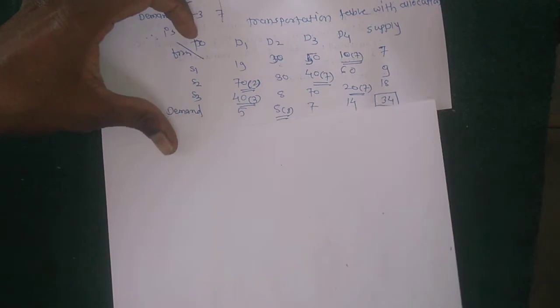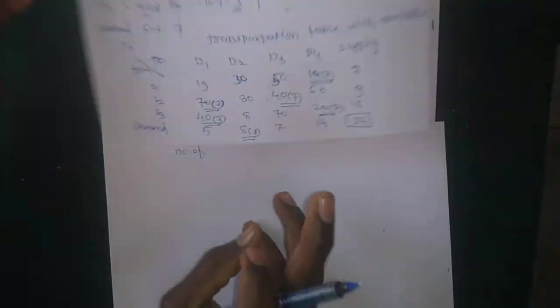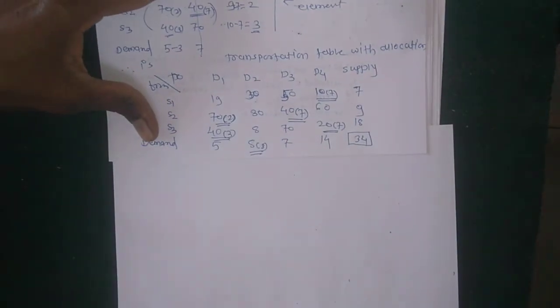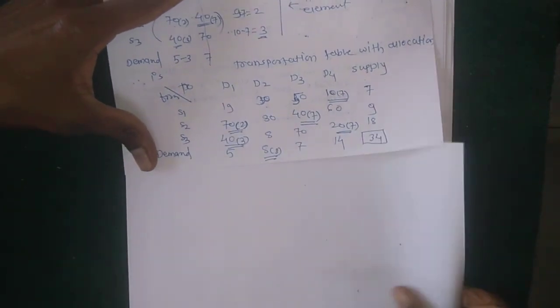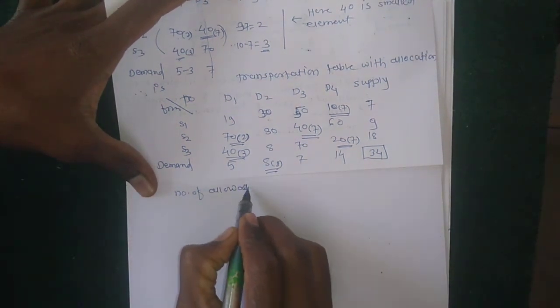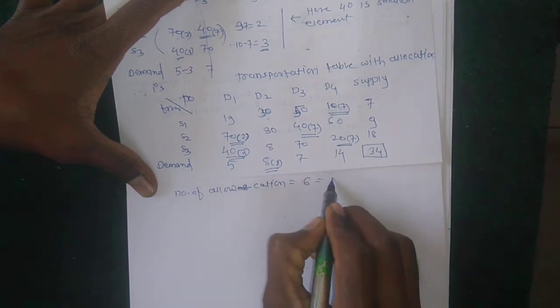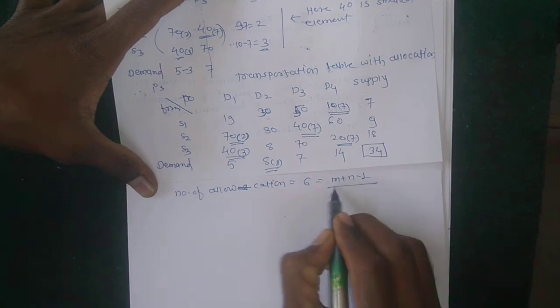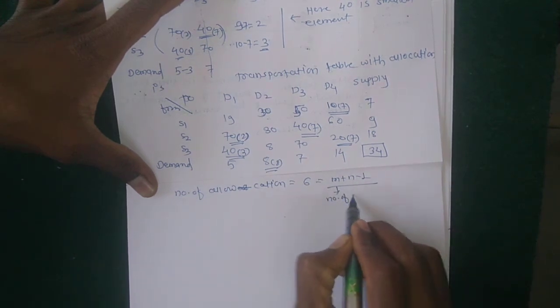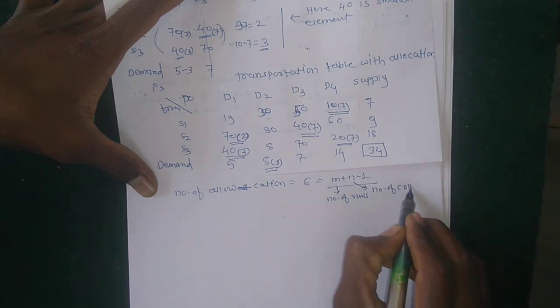So the number of allocations is equal to 6, which is m plus n minus 1, where m is the number of rows and n is the number of columns.